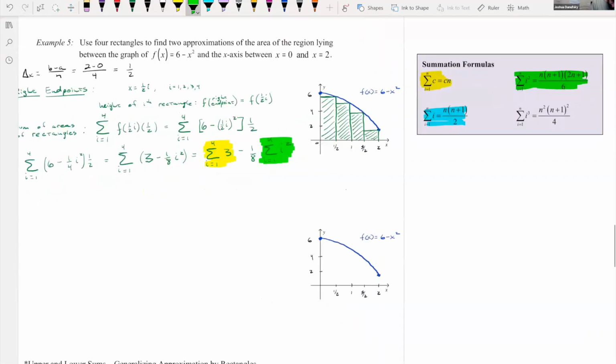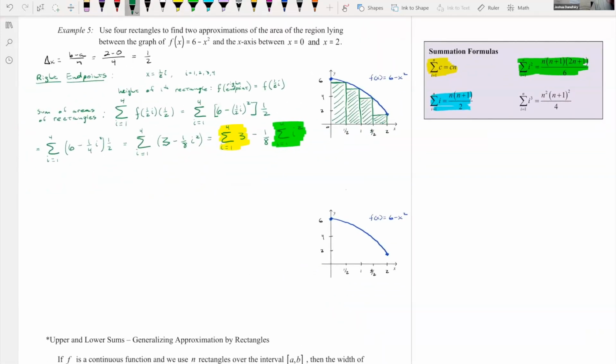So let's see what that turns into. That's going to give us the constant 3 times the upper bound of summation, which is 4. So that's going to be 3 times 4 minus 1/8 times our upper bound of summation n, in this case is 4, right? The number of rectangles is 4.